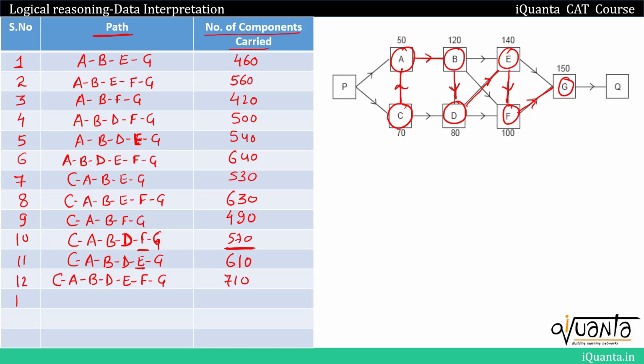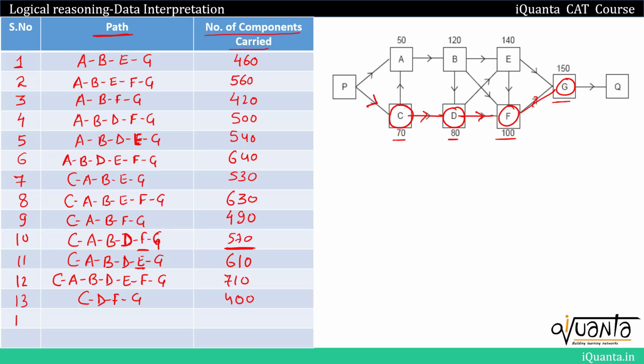Let's try to find out another possible route. The robot can also directly go through C, then D, then F, then to G. So C, D, F, G is another route having value 70 plus 80 150 plus 100 250 plus 150 400.